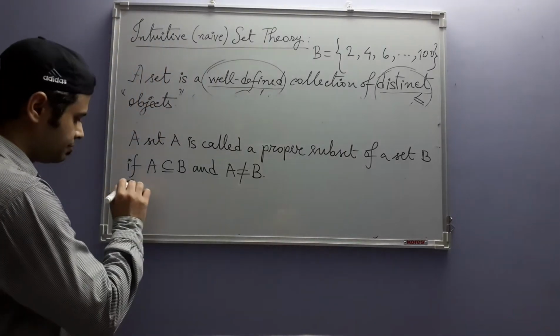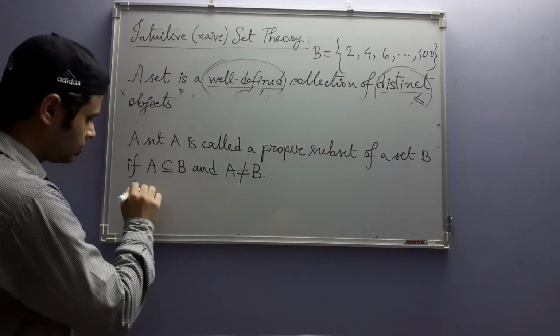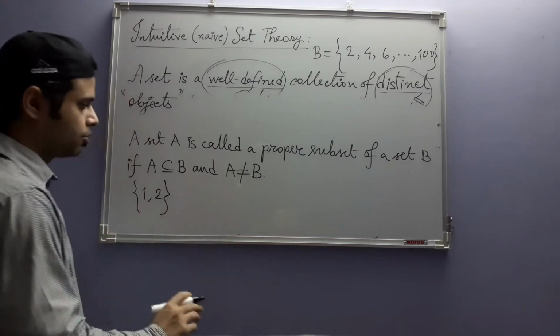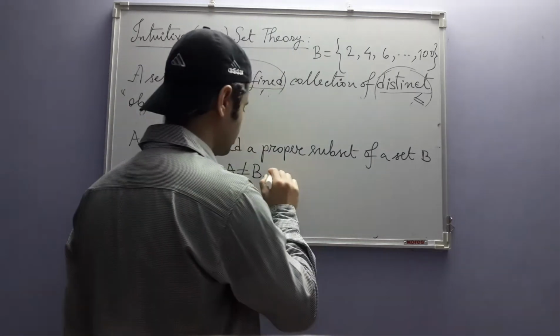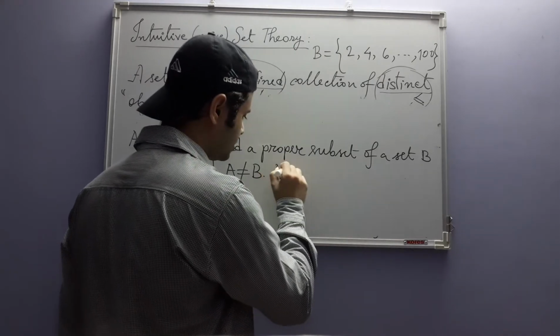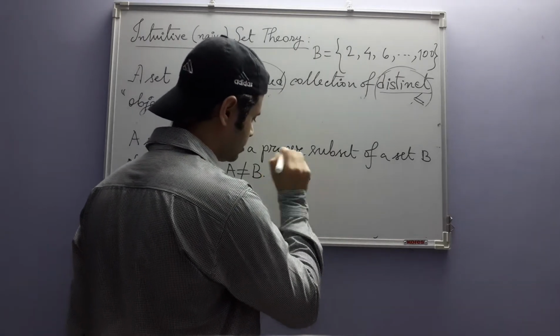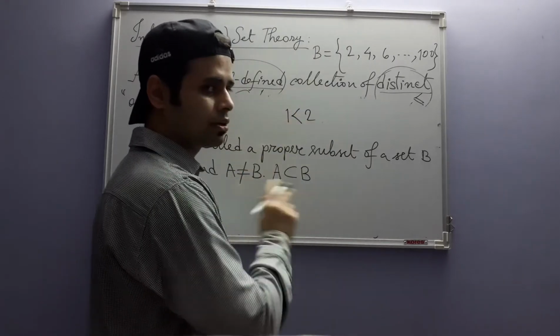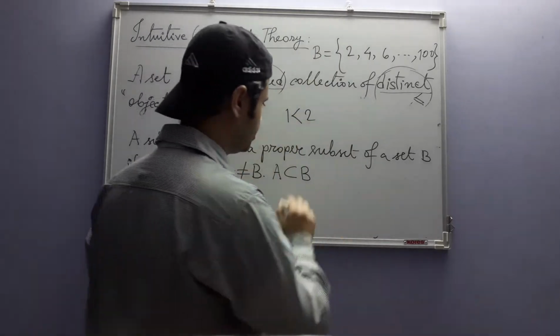For example, I have to write a notation. So we denote this fact by writing this. It is like 1 less than 2. Okay, not less than or equal to, less than 2.